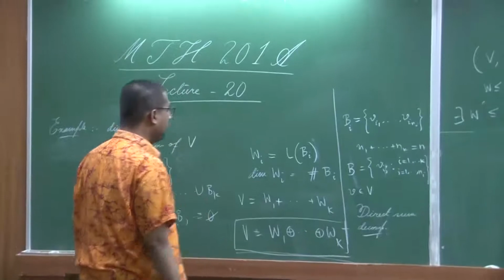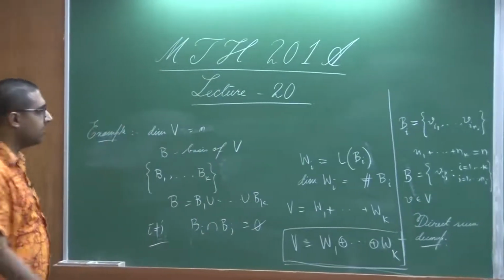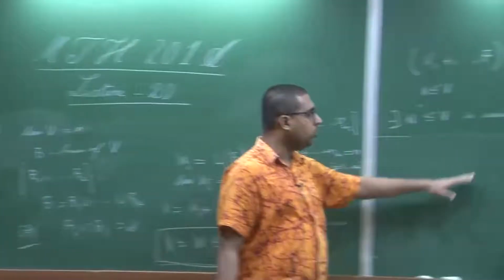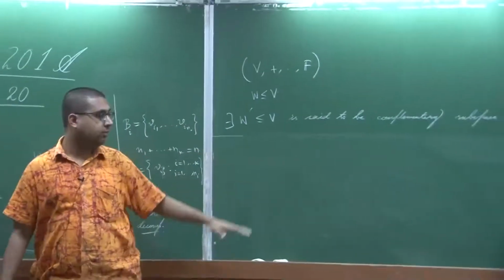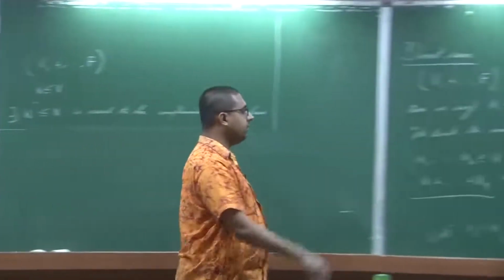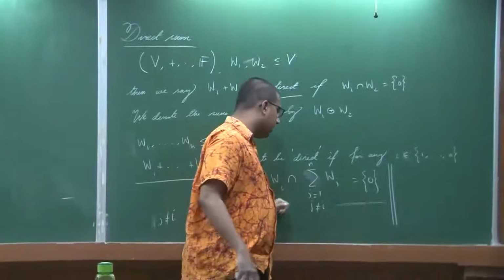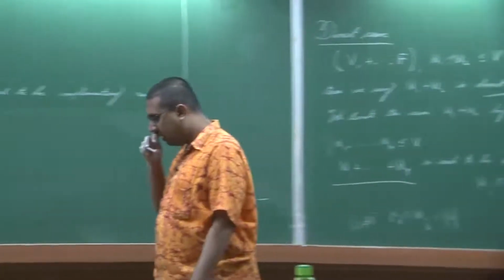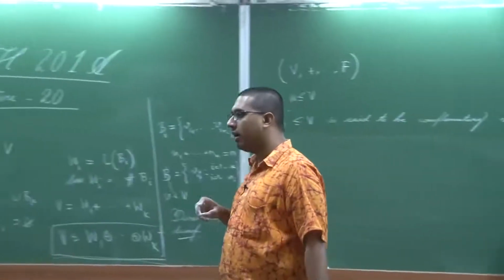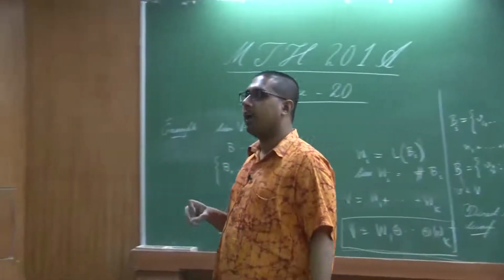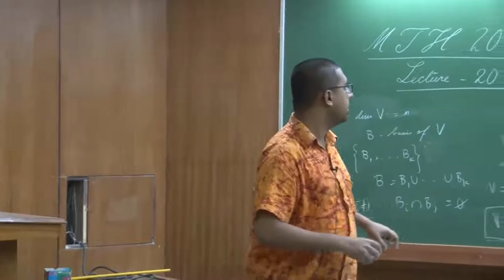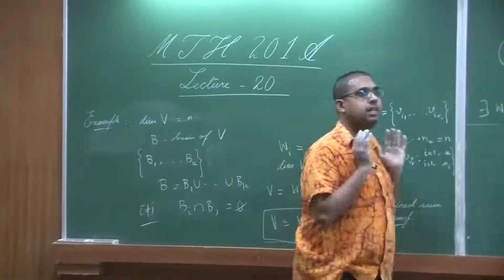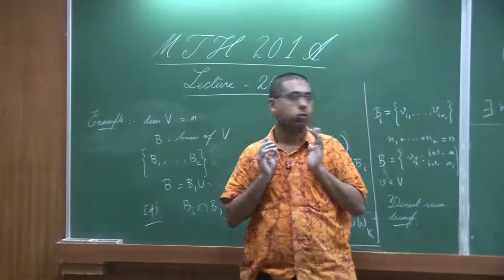Okay. Now, if you see the way we have proved the independence, the way we have proved this trivial intersection part, what exactly we have used is the Vij's, they form a linearly independent subset, right.